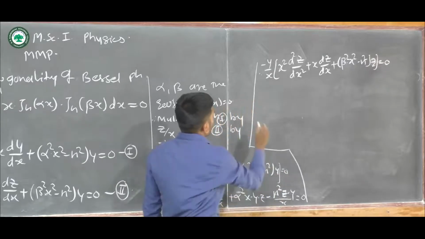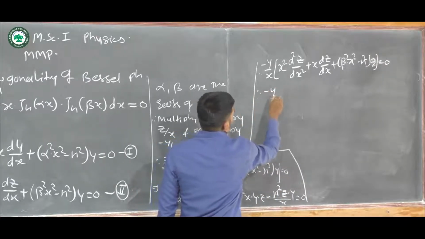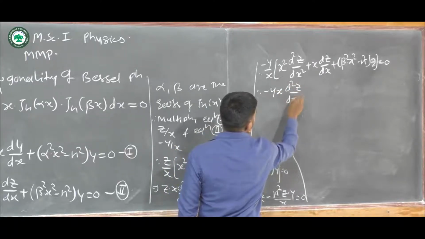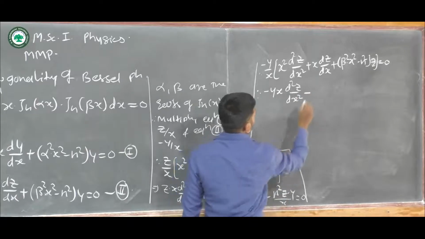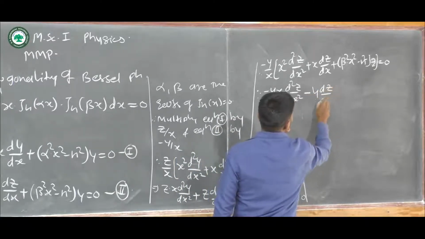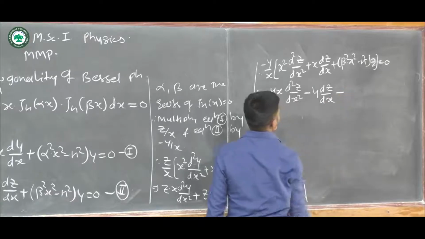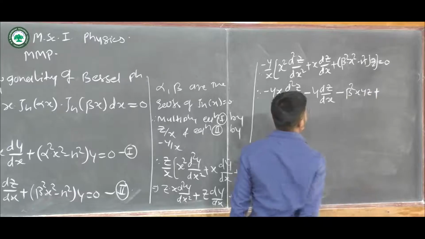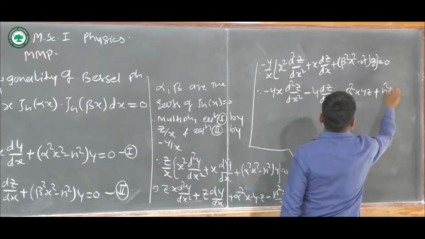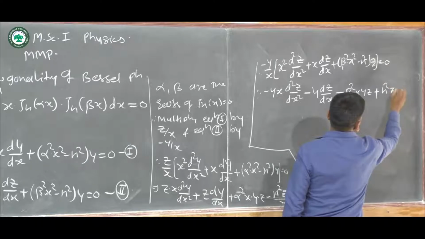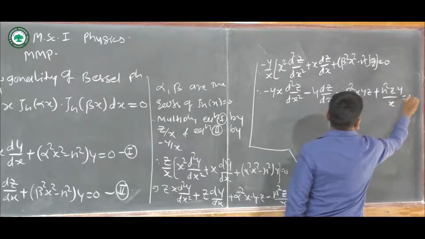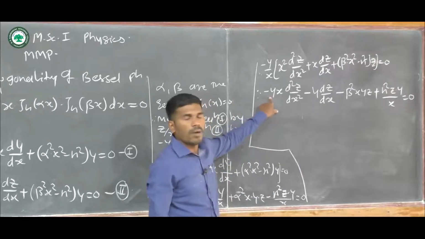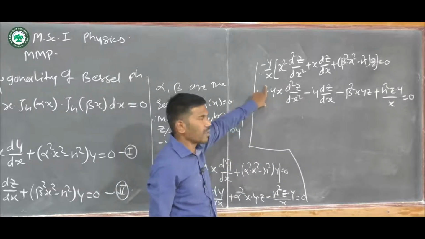So this gives minus y x d square z by dx square minus y dz by dx minus beta square x y z plus n square z y by x is equal to 0. This is the expression for equation number 2 after multiplying with minus y by x.